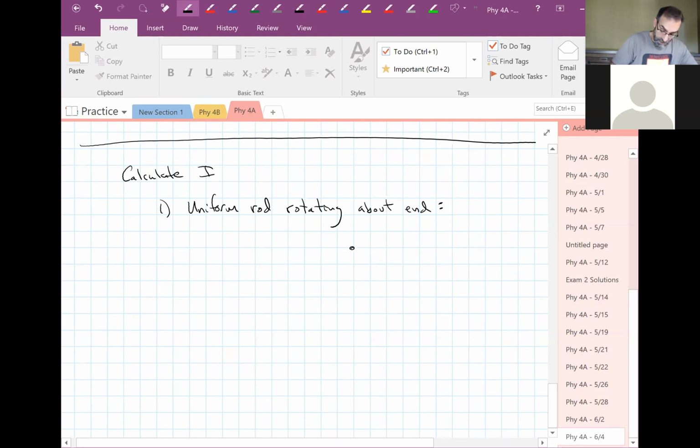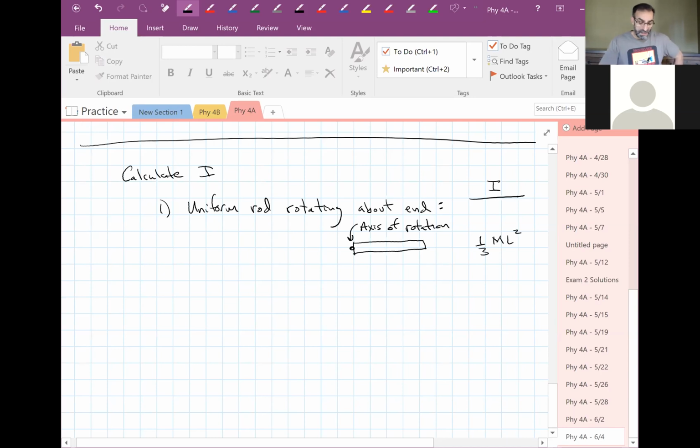That's this situation, right, where this is the axis of rotation. And what did we get? We got one-third ml squared. Now this, we didn't have to actually do the integral because this is on the formula sheet.